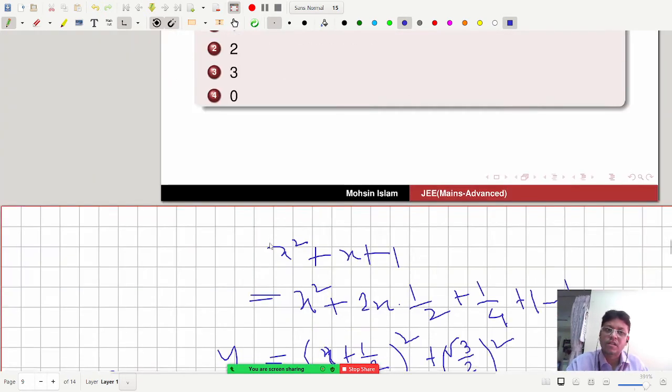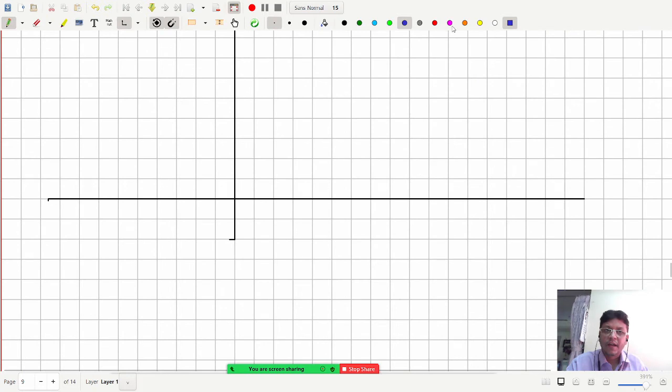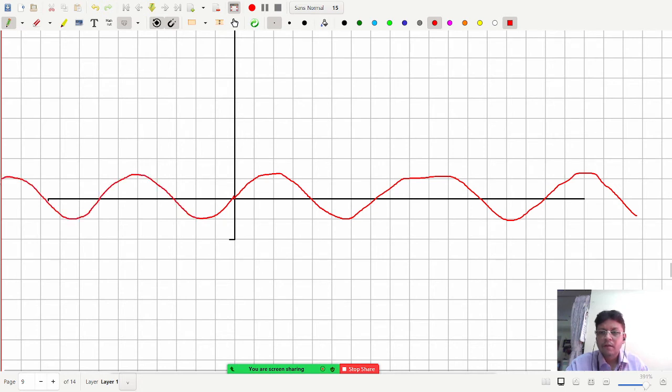First, let us draw sin x. This is your sin x. Let us draw sin x like this, a wavy curve. Okay, so I'm doing a rough sketch. You can draw a rough sketch.